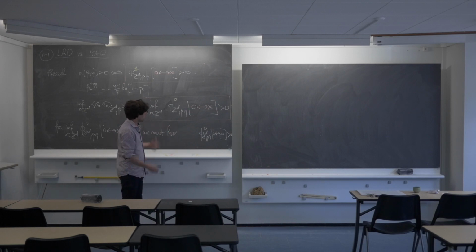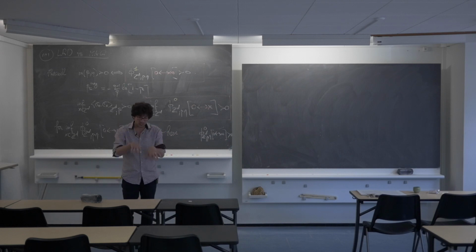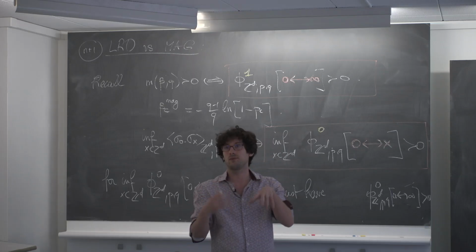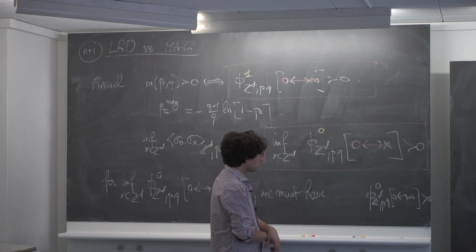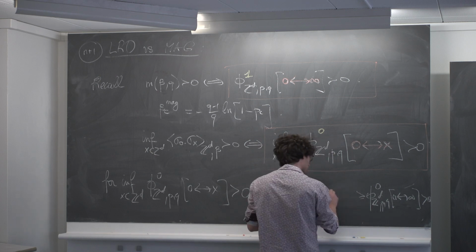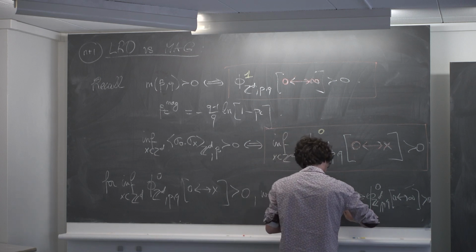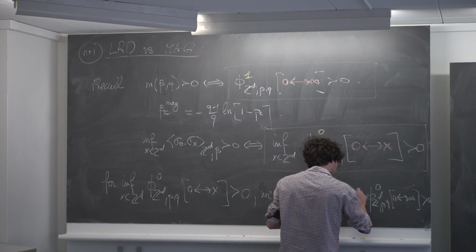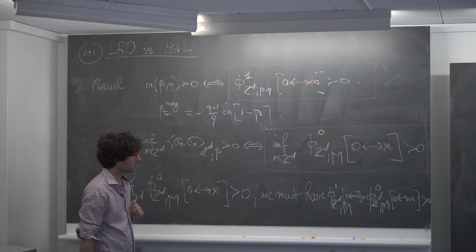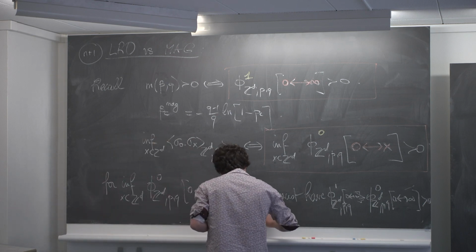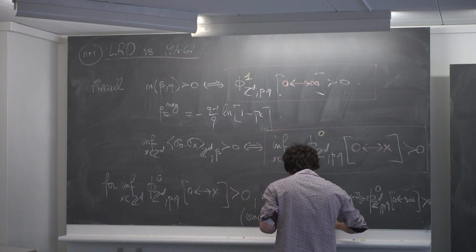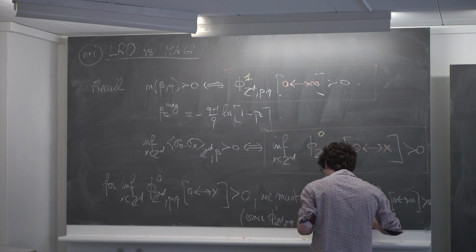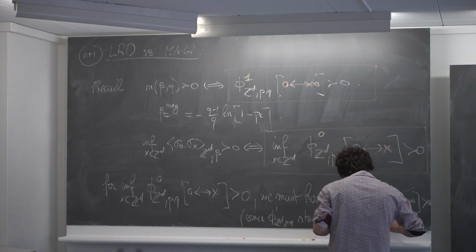So this must hold. And notice that we proved in finite volume that phi 1 on lambda n PQ is larger than phi 0 on lambda n PQ, with stochastic domination. So by taking n to infinity, we immediately get that this is also true, since phi 1 ZD PQ stochastically dominates phi 0 ZD PQ.